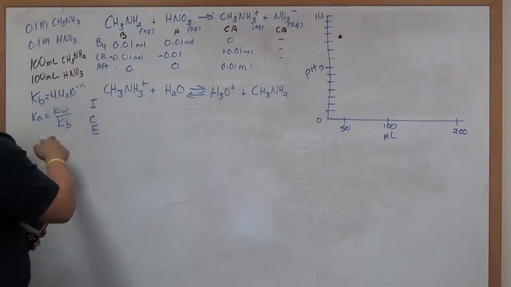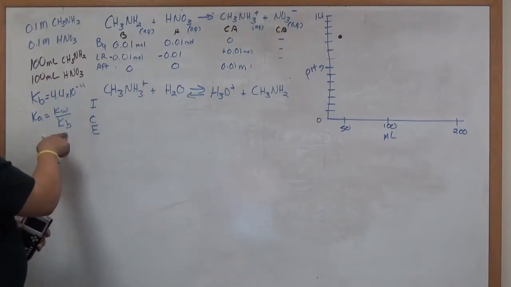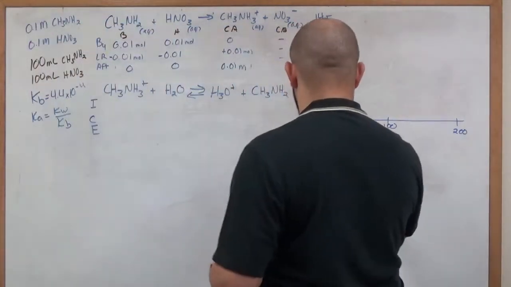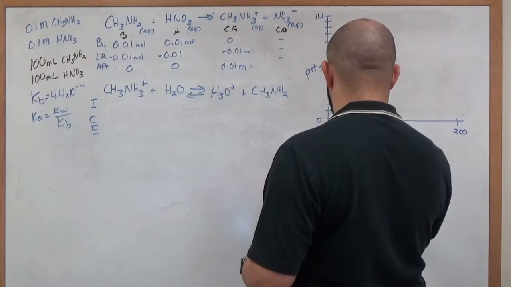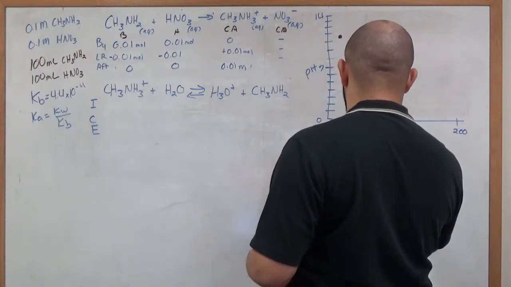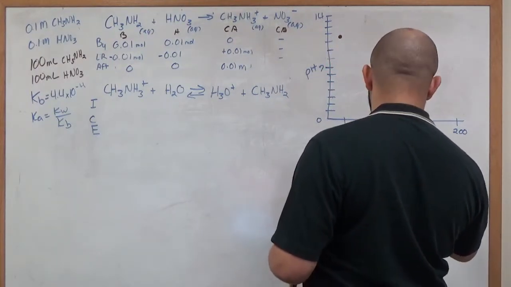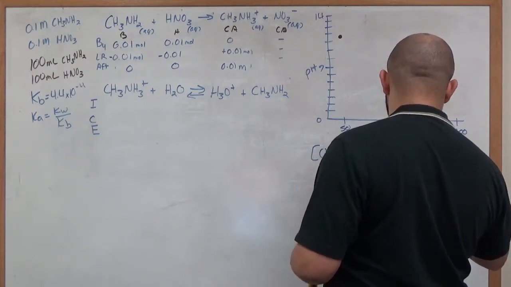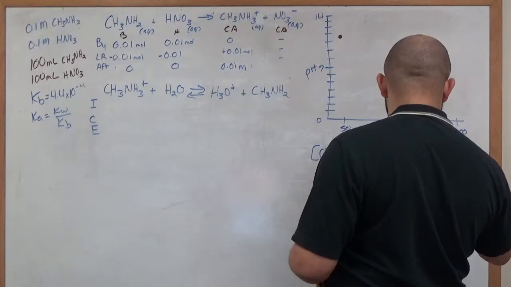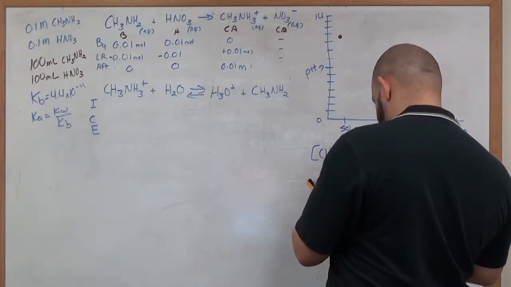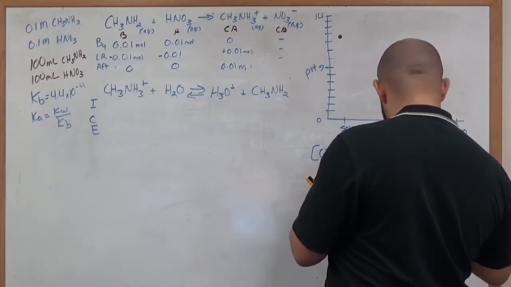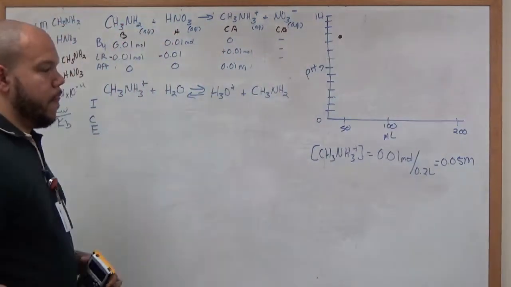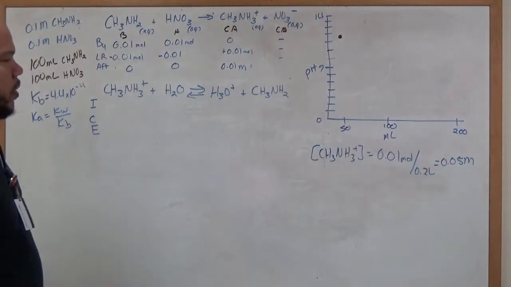To get the ice table and to use it we need Ka, Kw, but we also need the concentration of our methylamine conjugate, which is equal to 0.01 moles divided by 0.2 liters, which is equal to 0.05 molar.